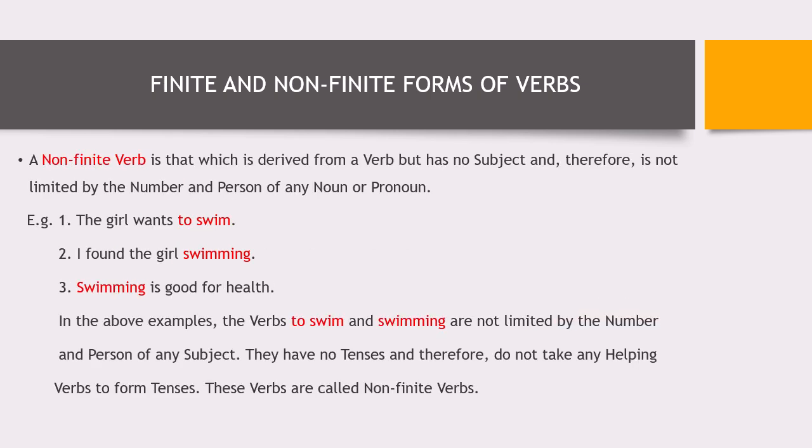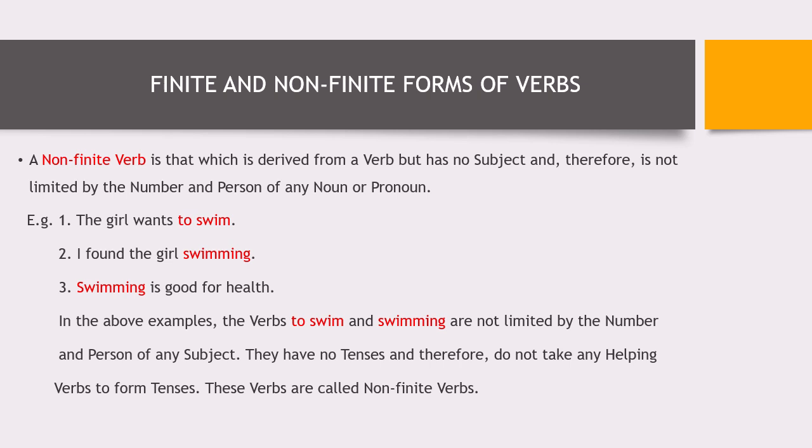Finite and non-finite forms of verbs. A non-finite verb is that which is derived from a verb, but has no subject, and, therefore, is not limited by the number and person of any noun or pronoun. For example, 1. The girl wants to swim. 2.